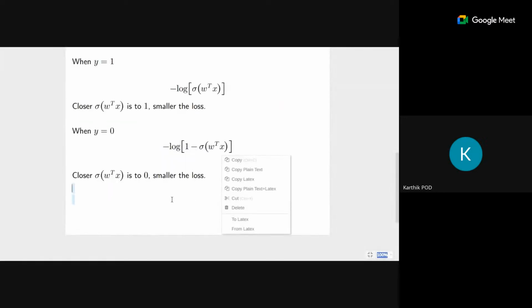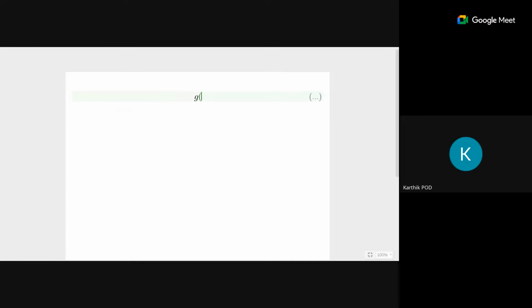If the input to the network happens to be, say, x1 equal to 1, x2 equal to -2, you will first do the linear combination: 5x1 plus 3x2 plus 2, which will turn out to be 5 minus 6 plus 2, which is 1.